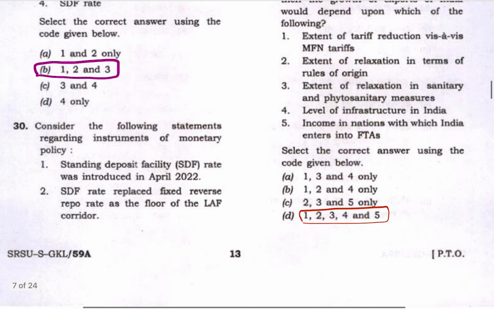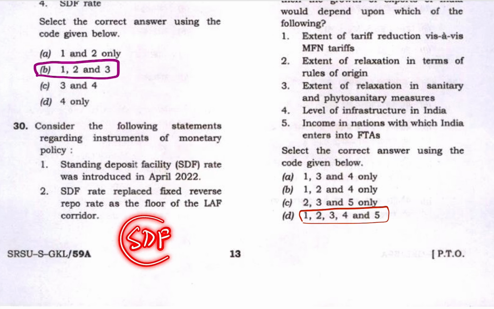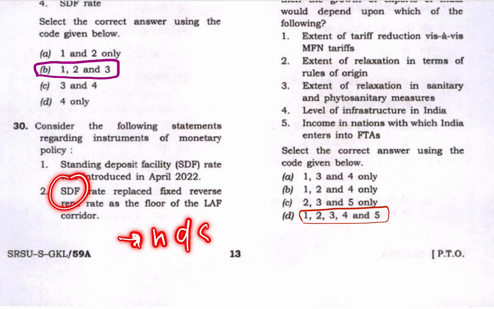Now the standing deposit facility rate was introduced in April 22. This is correct. Now this SDF was introduced to replace the fixed reserve repo rate as a floor for the LAF. Now SDF was introduced to suck out excess liquidity from the market.